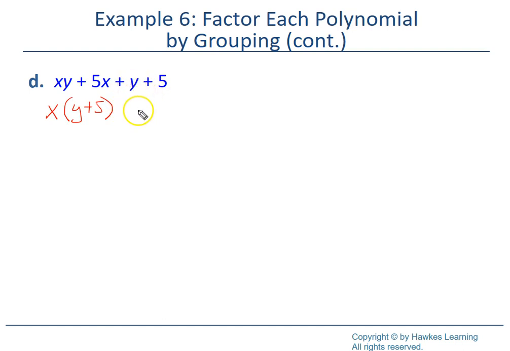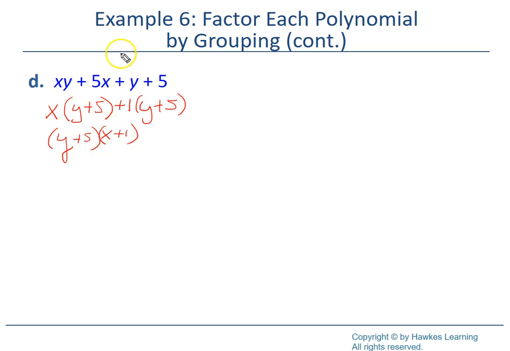Now here, there is a y plus 5, and if you recall in the earlier section, we said you could always take out a plus 1 from anything. So that's what you had to do. So again, you get the y plus 5, and then you get the x plus 1.